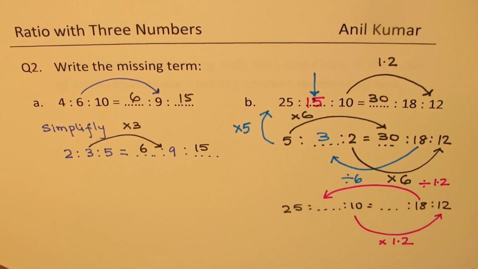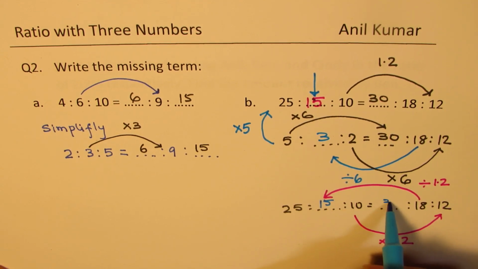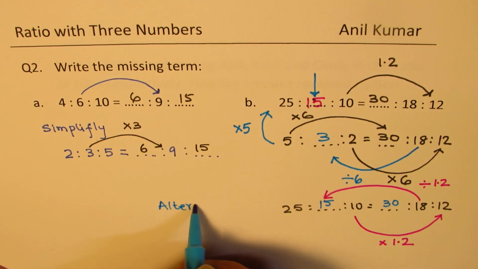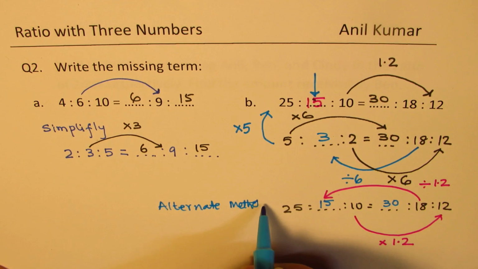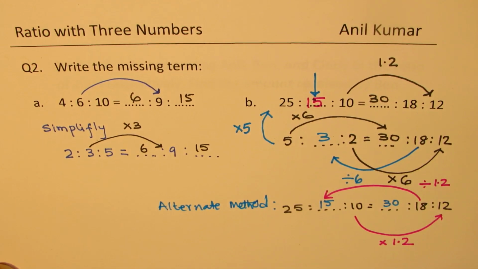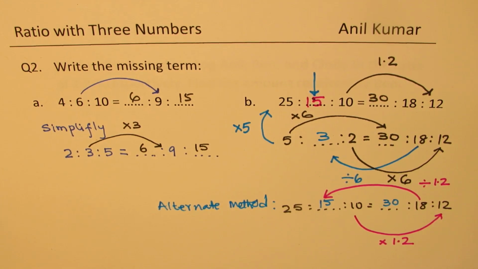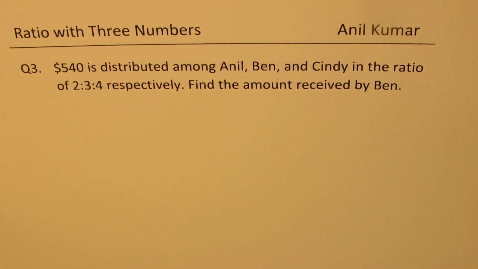So if you do that, you get the answer which we got, 15 and 30 also. So that becomes an alternate method. Is that okay? However, we prefer to work with whole numbers, not with the decimal numbers, talking about ratios. Clear? Okay.